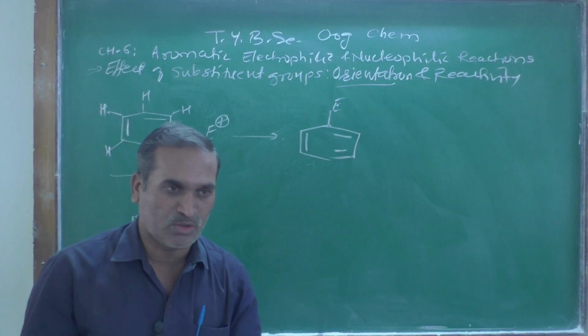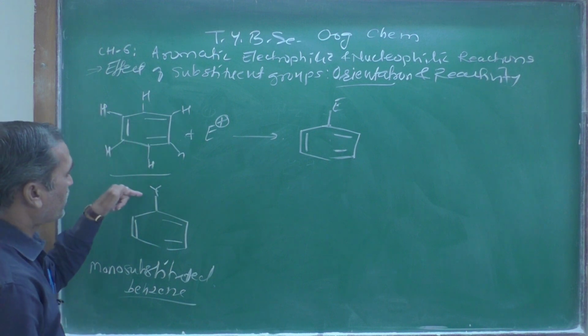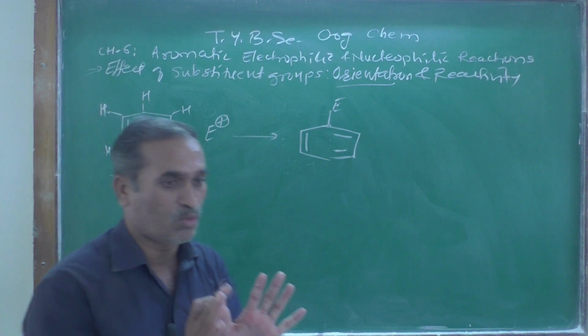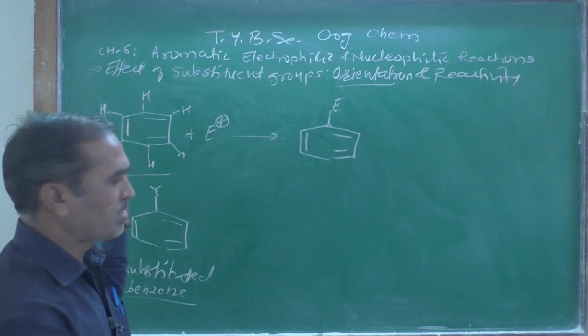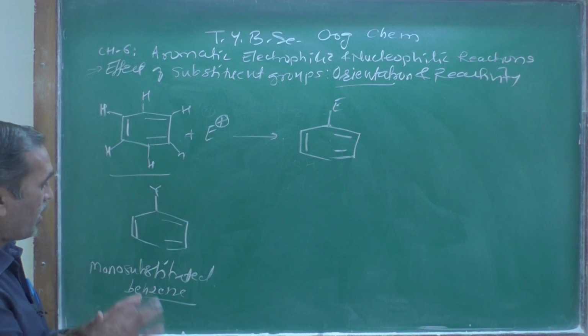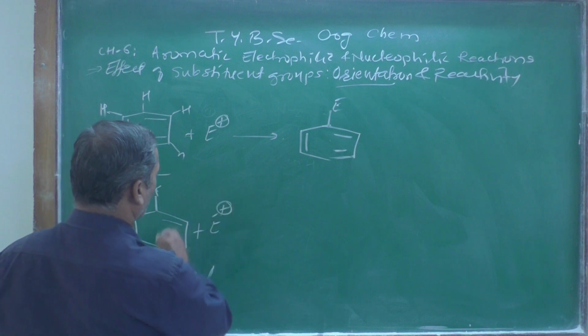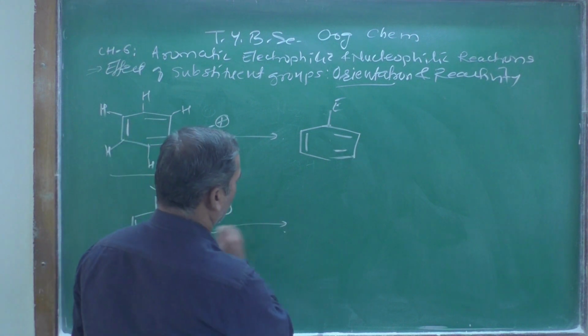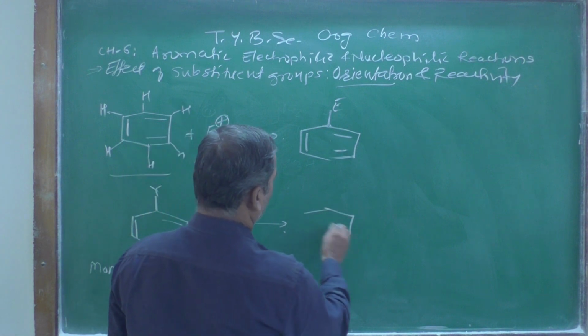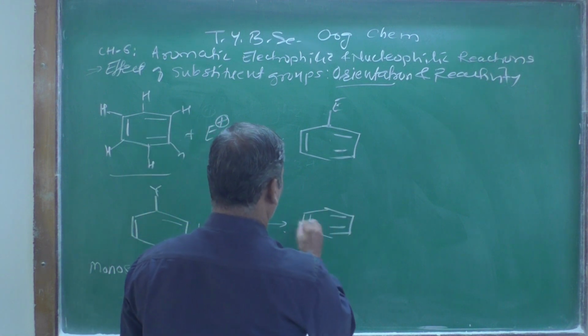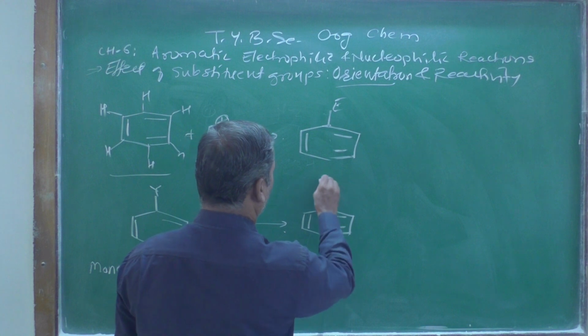One of the hydrogen atoms from the benzene gets replaced by some group. Let us see here, just a Y group is here. And now when you carry out the electrophilic substitution reaction, you may get the product. Sometimes you are going to get, how many products are possible?